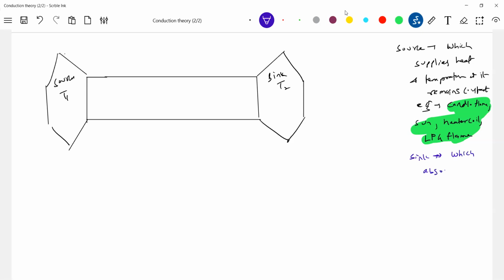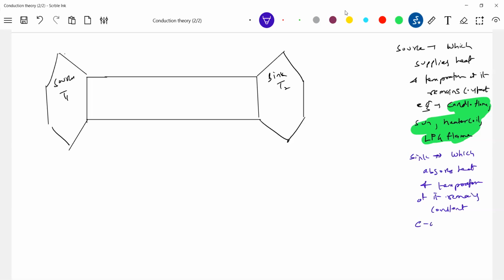Which absorbs heat and the temperature of it remains constant. Example, a big water tank, a water bath usually. They will absorb heat and it will not change.